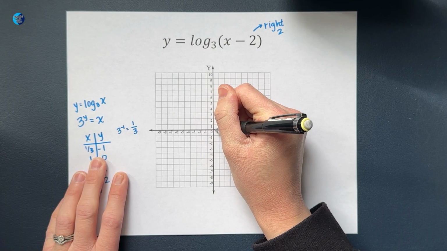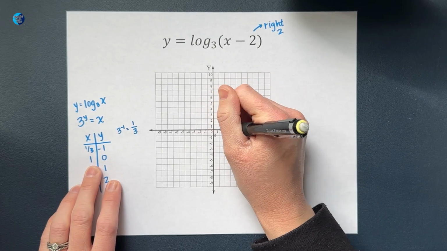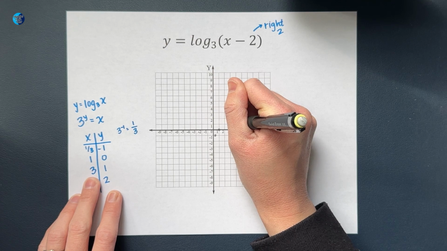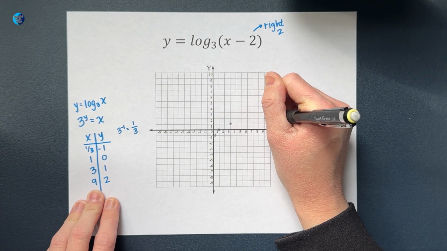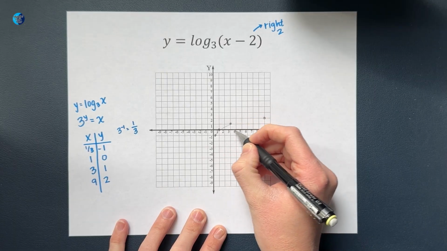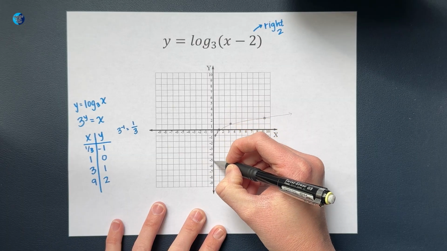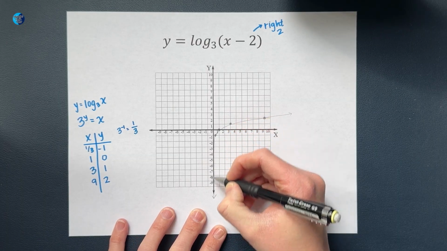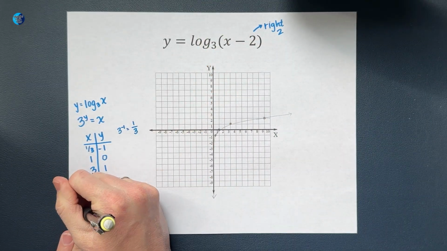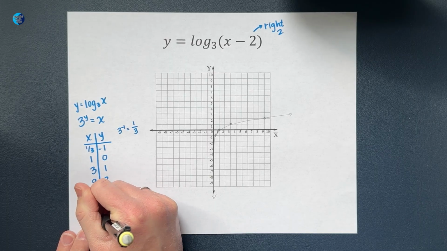It's going to be around here, down 1. 1, 0. 3, 1, and 9, 2. Okay, that is my parent graph. Looks a little something like that. It's going to get closer and closer to the y-axis, but never actually touch it. That is my asymptote. So the asymptote on my parent graph is x equals 0.